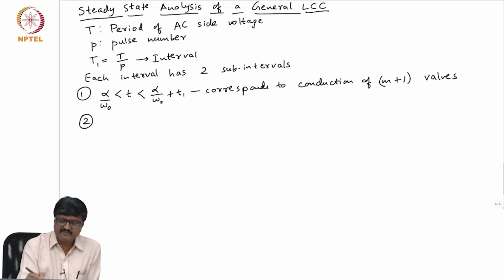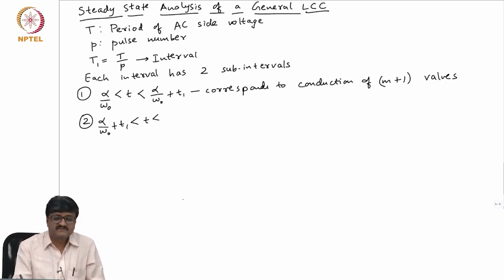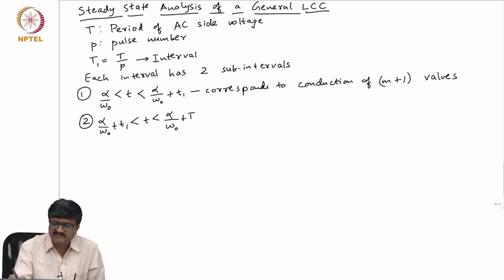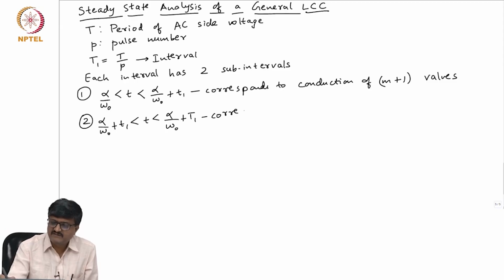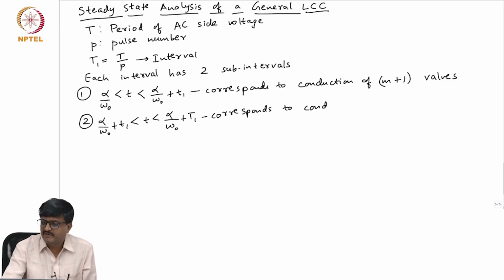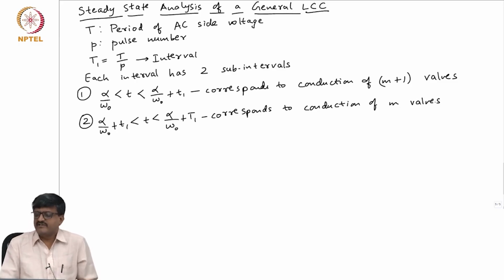Then the second subinterval starts from alpha by omega O plus T1 to what? To alpha by omega O plus uppercase T with a subscript O. Now, this corresponds to conduction of how many valves? M valves.